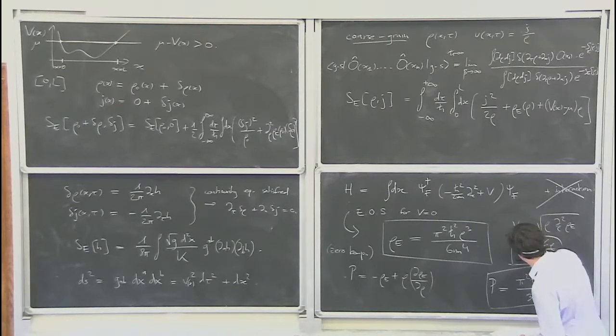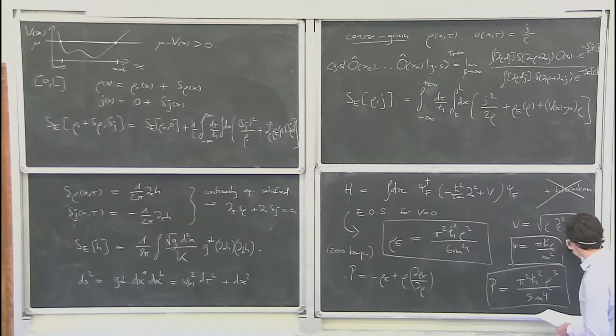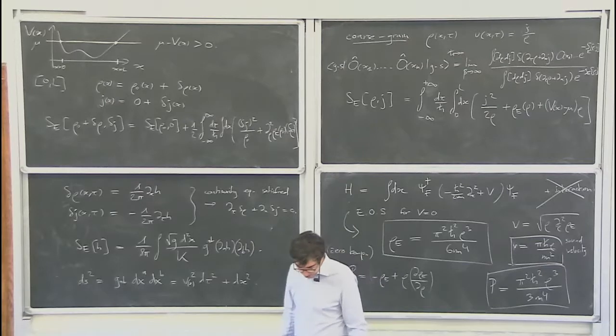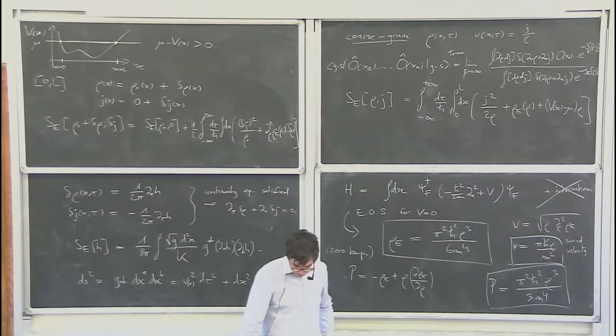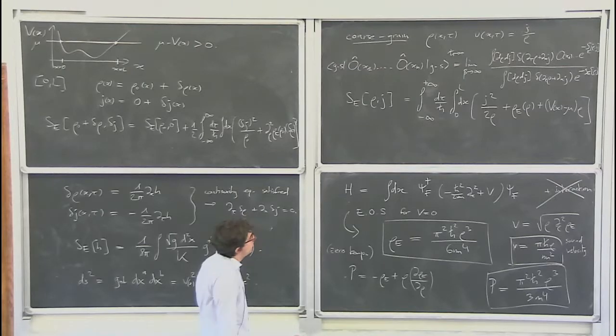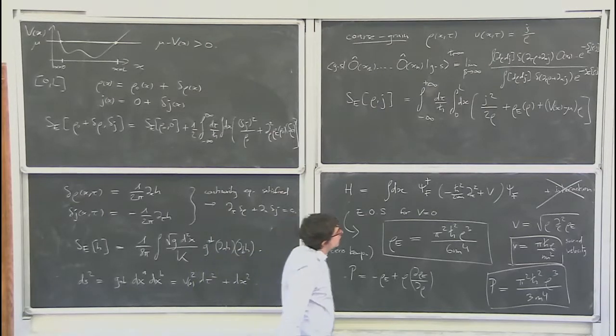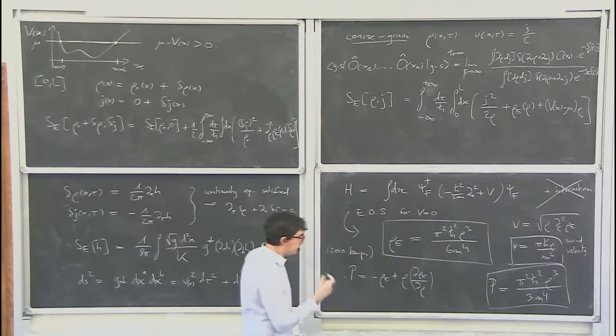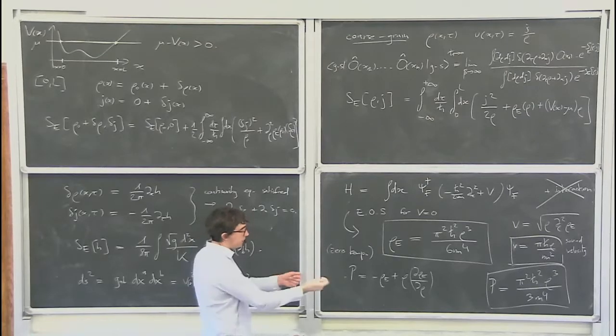This is v, the sound velocity. It's not the potential. There are two different things in a one-dimensional gas. There's the mean velocity of all the particles that you have in the gas.